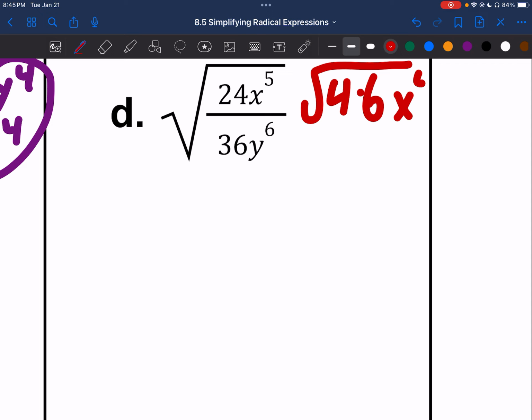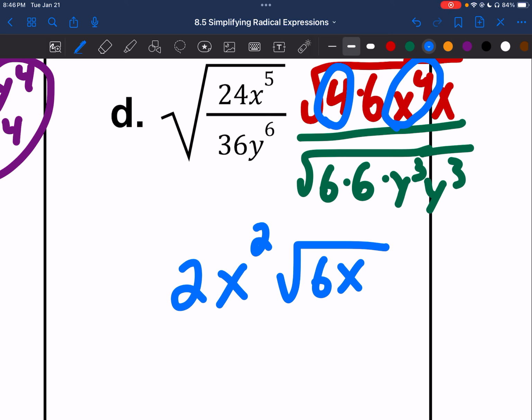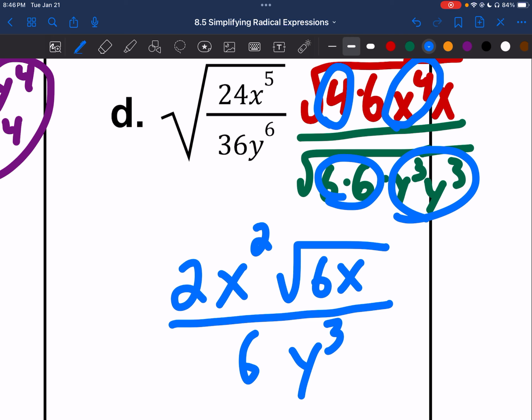Now, I didn't bring 6 to prime, but I know that 2 times 3 is, they're both prime factors, right? In the denominator, the square root, we have a pair of 6's, so that comes out. And we have a pair of y cubed, and so that comes out. And so you get 2x squared times the square root of 6x over 6y cubed.